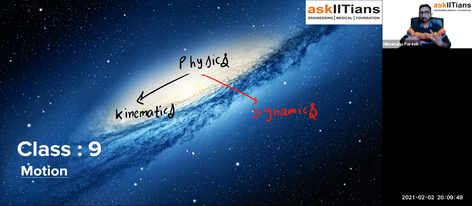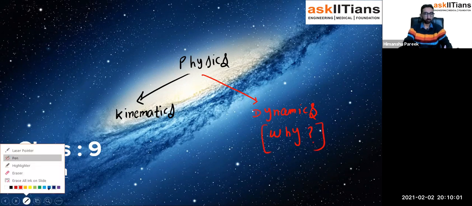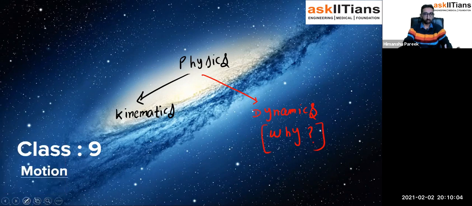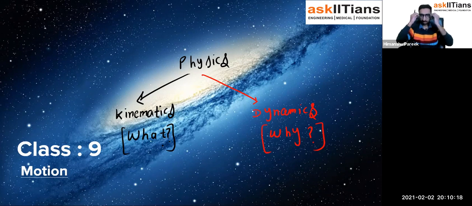If you start answering the question why, then you are into the dynamics branch. What is the future is answered in kinematics, and why is answered in dynamics. So in the kinematics branch we have motion in one dimension and motion in two dimensions, and in the dynamics branch we have Newton's laws of motion, the cause part. So this is the cause.